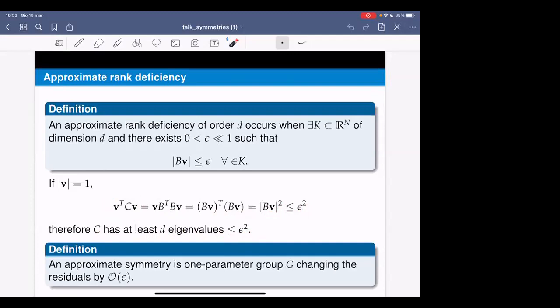So this means that the matrix C is not singular, but is very, very ill-conditioned.